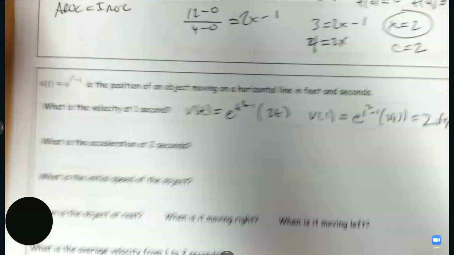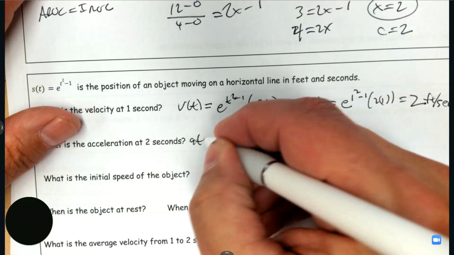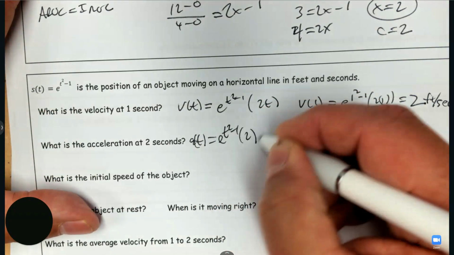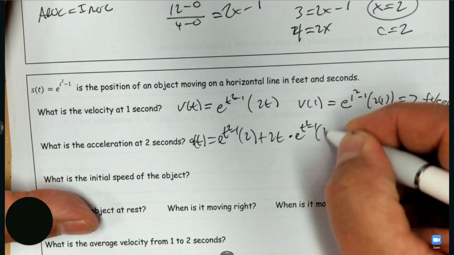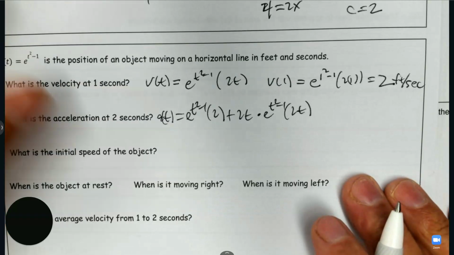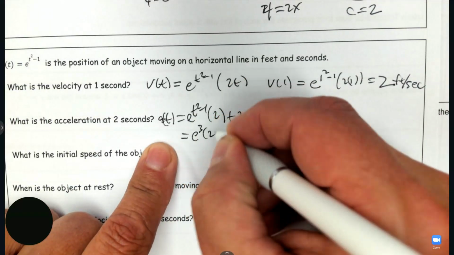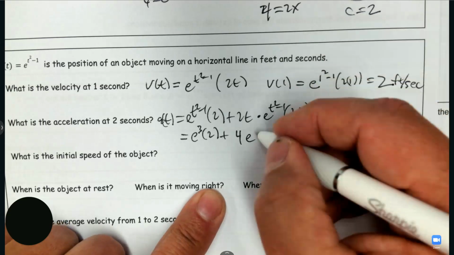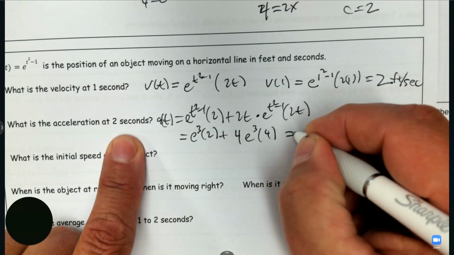What's the acceleration? This is the product rule. So the first times the derivative of the second plus the second times the derivative of the first. And then again you would plug in 2, and then solve it.